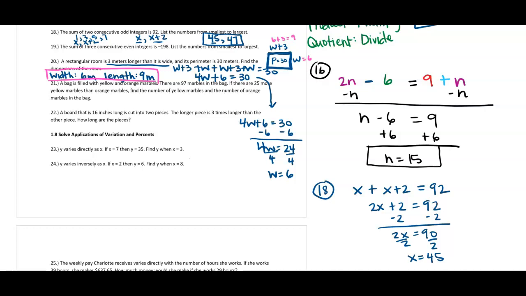All right, should we skip down to those variation problems? You do need to make sure that you remember what the equation looks like if it varies directly or indirectly. Direct variation was y equals k times x, and inversely or indirectly is y equals x over k.